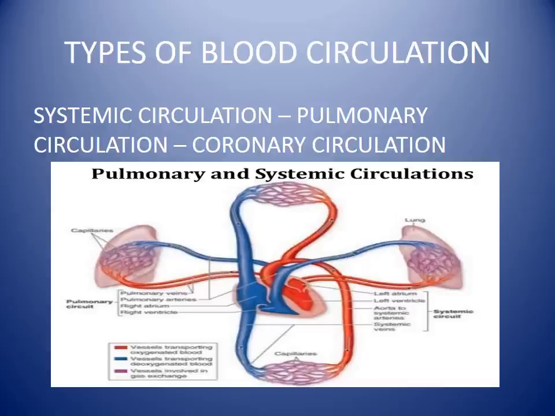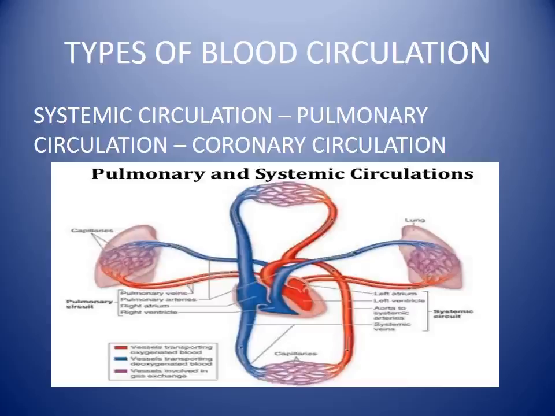See, where is the left atrium? First it starts at the right ventricle, goes to the lungs, gets oxygenated there and gives it to the left atrium. Have you understood? This is a circuit.